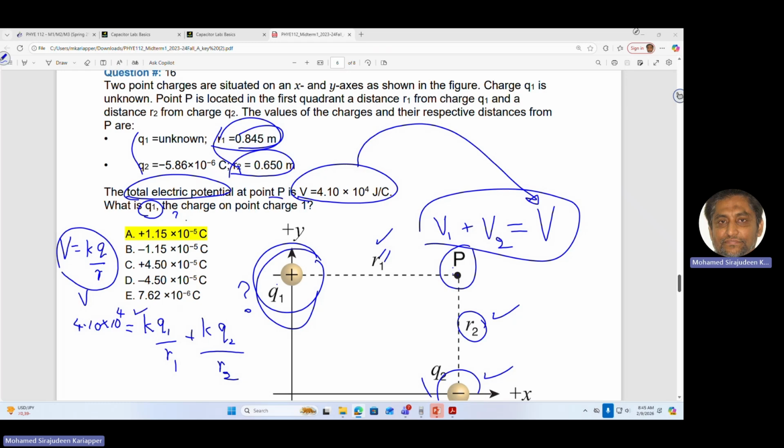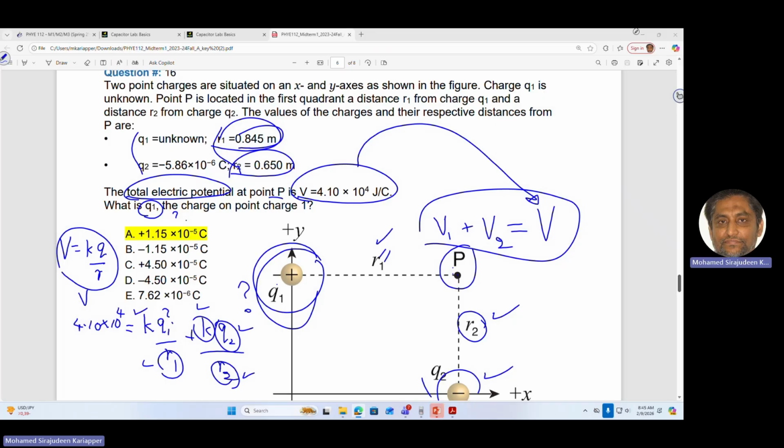So you know this. Is this given? Yes. Is this given? Yes. Is this given? No, this is not given. Is this given? Yes. How many unknowns? Only one unknown.